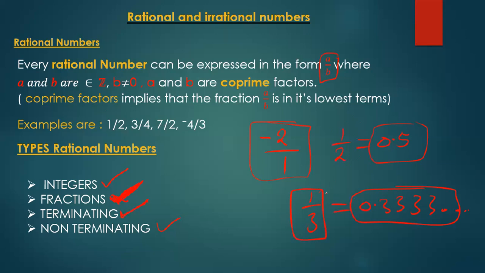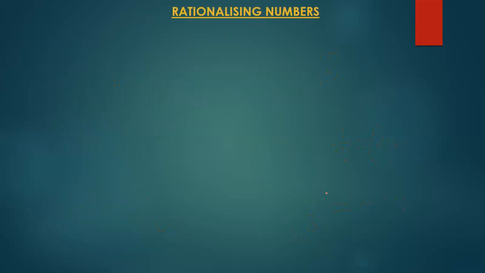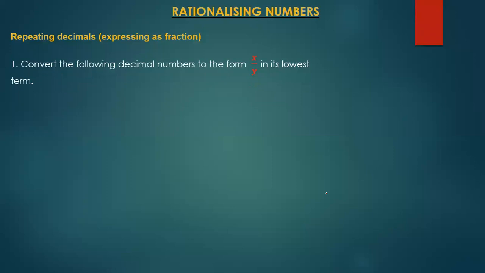So let us see how we can rationalize a given repeating number, which is a non-terminating number. We have this question, which says convert the following decimal numbers to the form x over y in its lowest term.